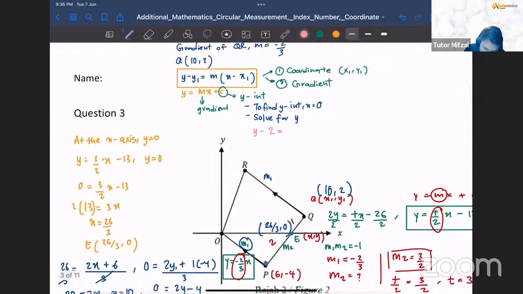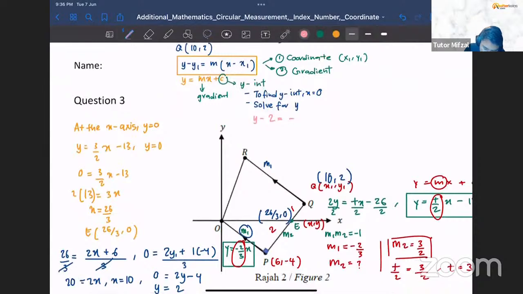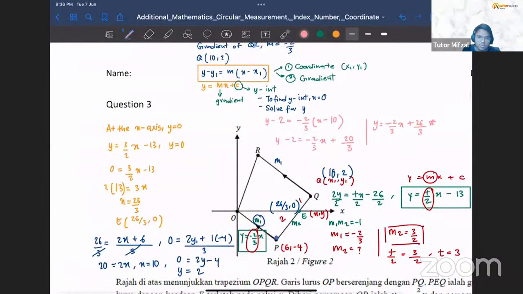Your gradient would be equivalent to negative 2 over 3. x minus x1. x1 is 10. So y minus 2 equivalent to negative 2 over 3x plus 20 over 3. So y equivalent to negative 2 over 3x, 20 over 3 plus 2. 20 over 3 plus 2, you should get 26 over 3. And yep, we're done. Okay, y equivalent to negative 2 over 3x plus 26 over 3.